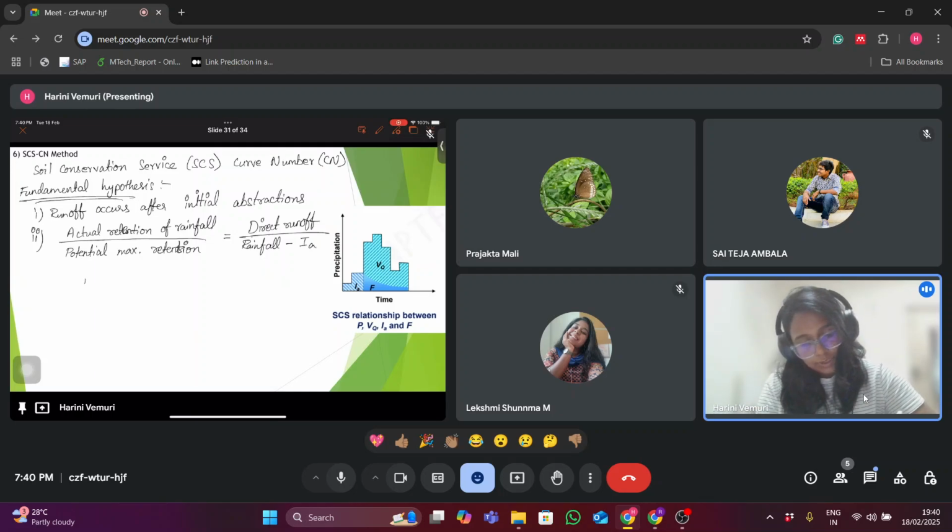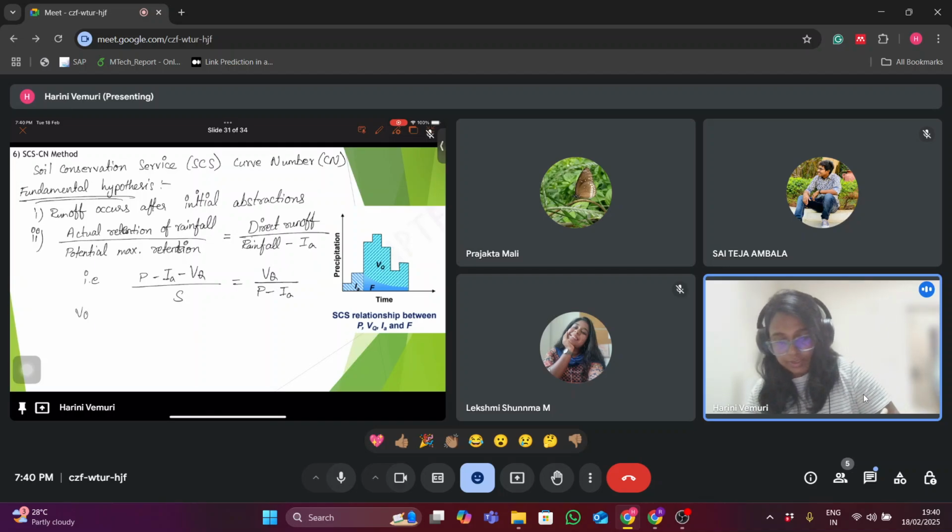That is, (P minus Ia minus VQ) by S equals VQ by (P minus Ia). Here VQ is the direct runoff, and P is the precipitation or rainfall. This is how we calculate the actual retention of rainfall: from precipitation we subtract the initial abstraction and the volume of runoff.